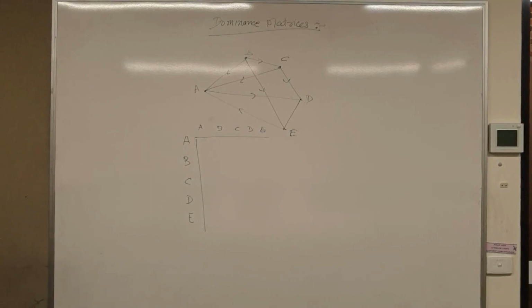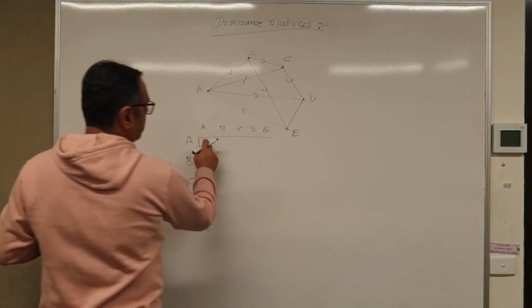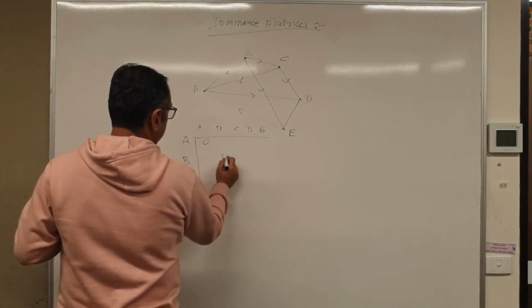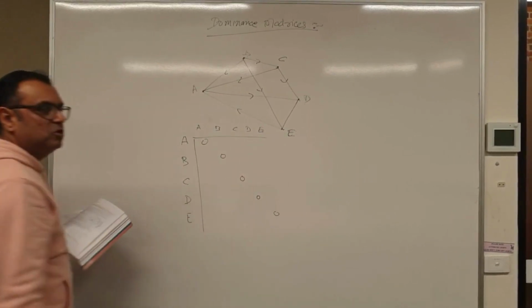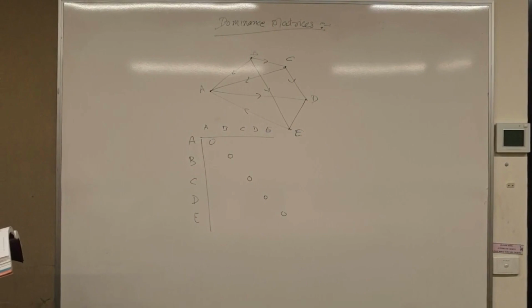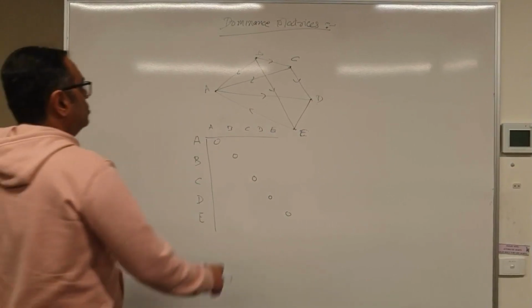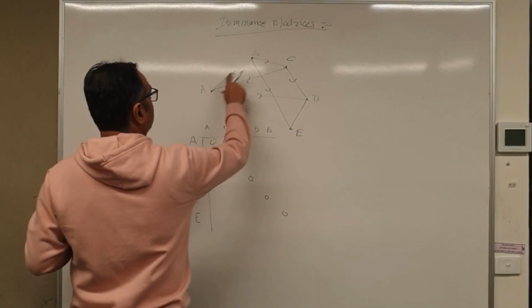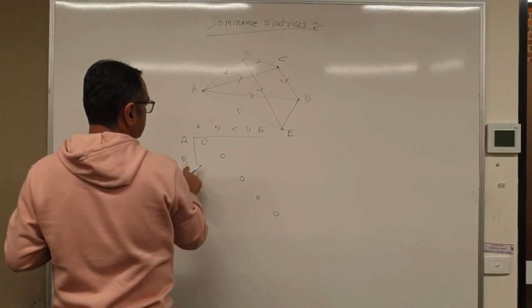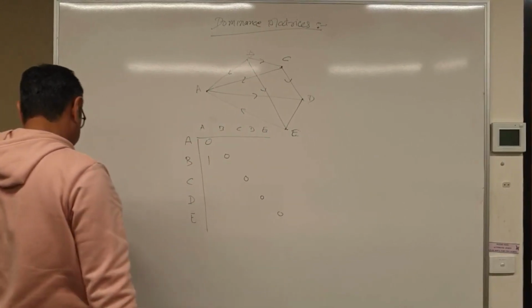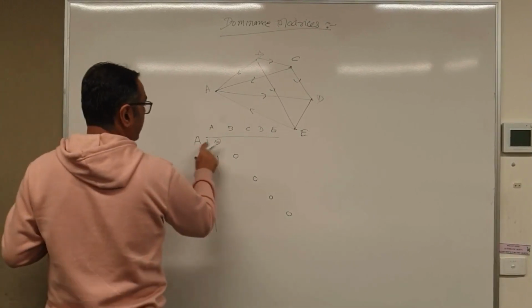All right. So obviously your leading diagonal will be 0 because they're not playing against each other. Correct? So B defeated A, so 1. A defeated B?